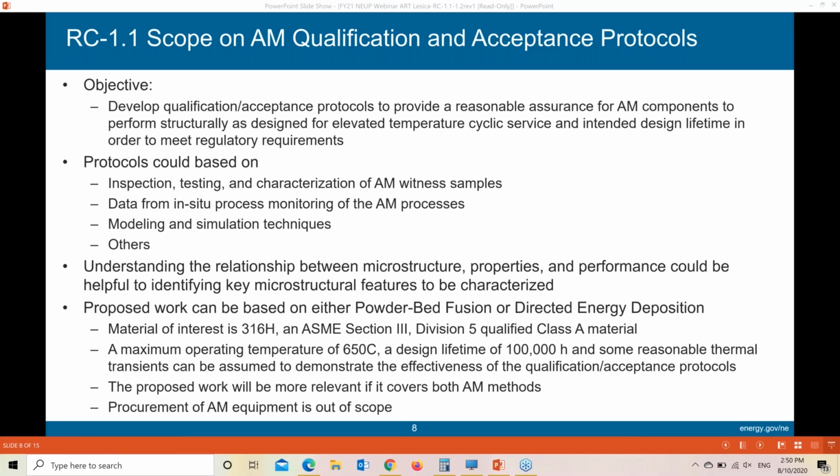For RC 1.2, would you consider atomistic and/or mesoscale simulations as an acceptable tool to help identify mechanisms? No, not atomistic, simply because that work has been done. There's been a lot of work out there. I'm not saying it's complete, and we still need to do that kind of work. But for this specific call, we're looking at the next length scale up.